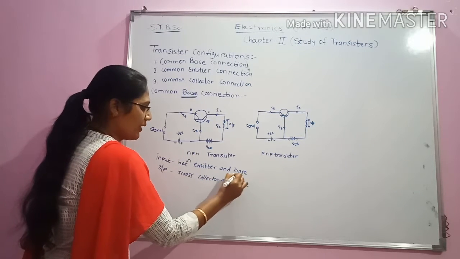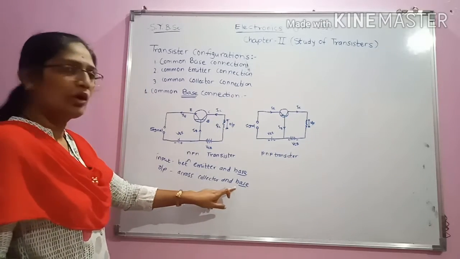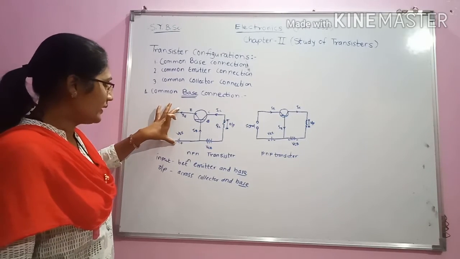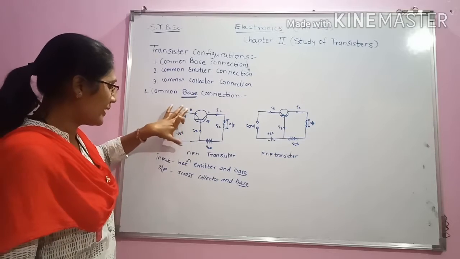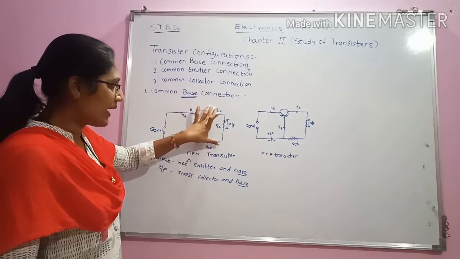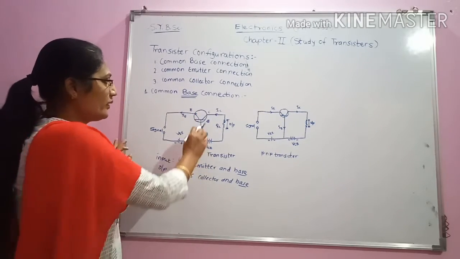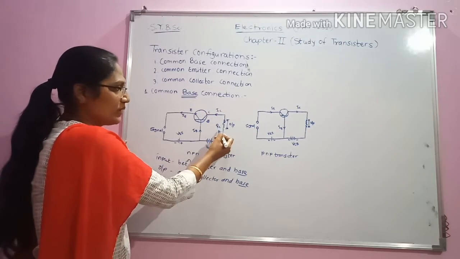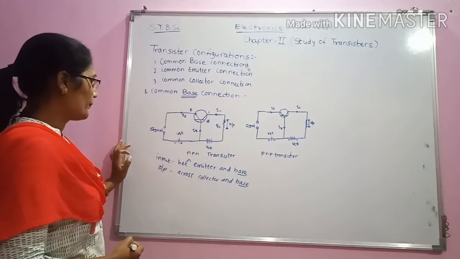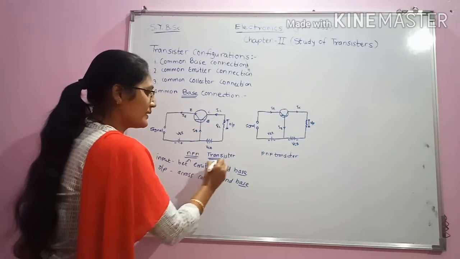It means that we have made the base a common circuit element. Therefore, between emitter and base we are applying the input, and between collector and base we are taking its output. Here in the collector circuit we are using the load across which we are going to measure its output. This is the circuit diagram for the NPN transistor.